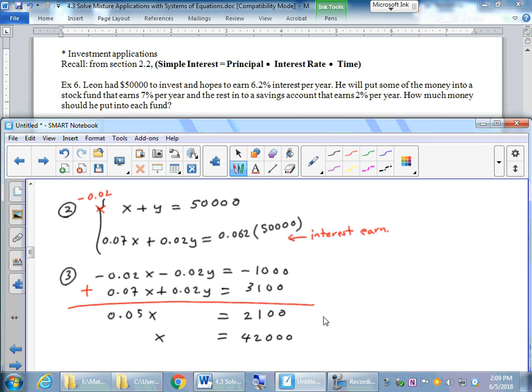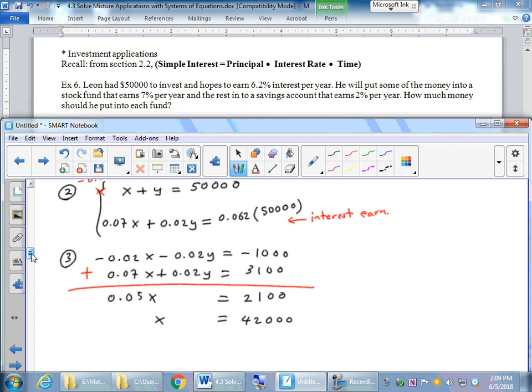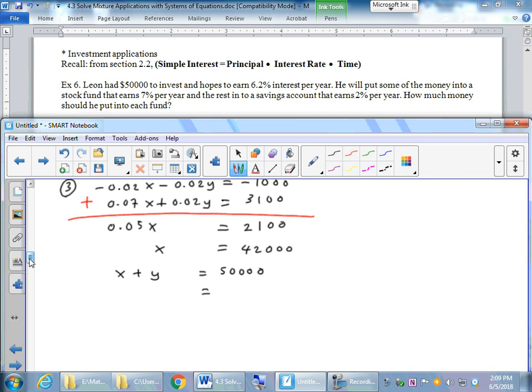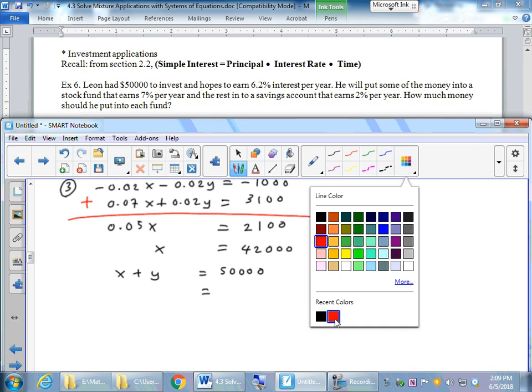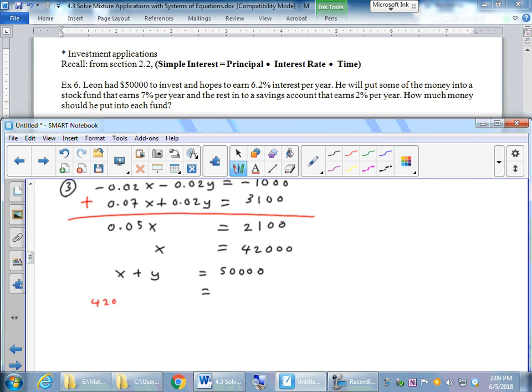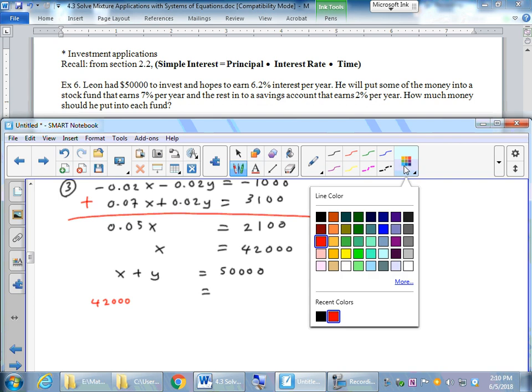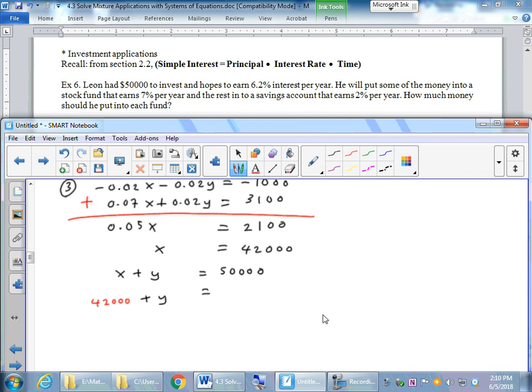So now that we know the value of x, I can find out the value of y, which is x plus y is equal to 50,000. And the value of x is 42,000. So subtracting both sides by 42,000, my y is 8,000.